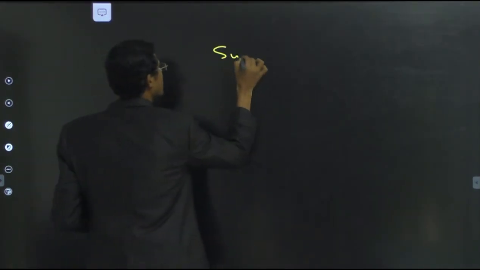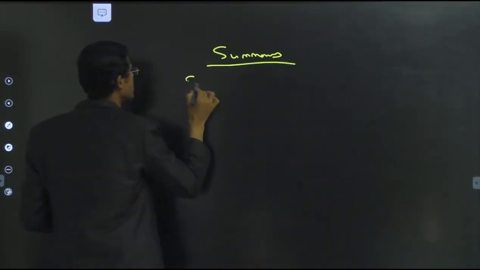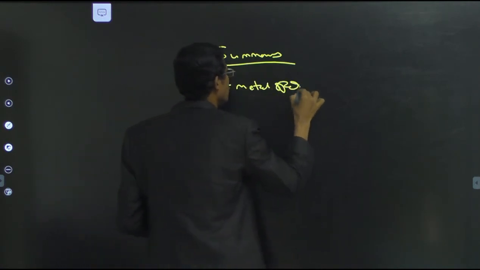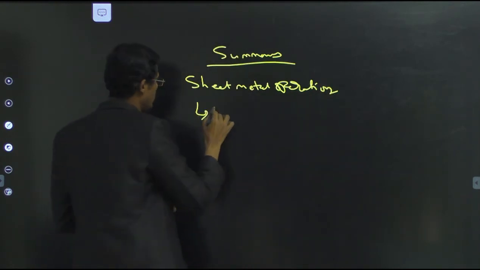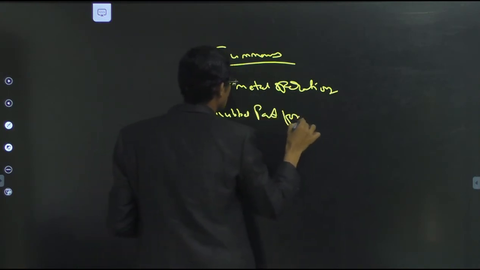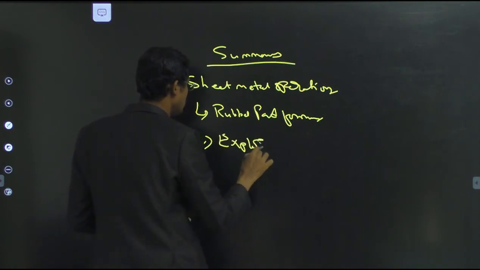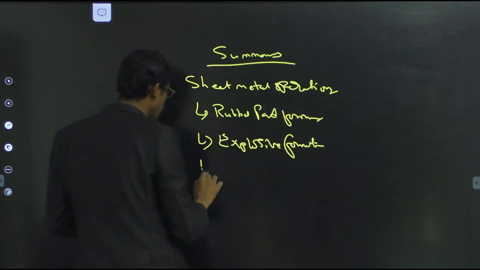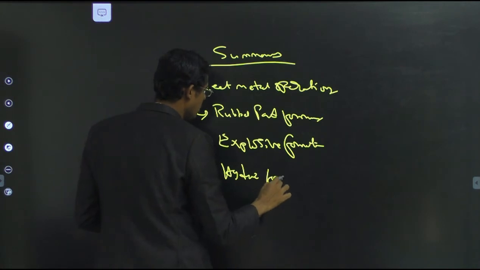So the summary. In today's class we have talked about various sheet metal operations such as rubber pad forming, explosive forming, and hydro fluid forming.